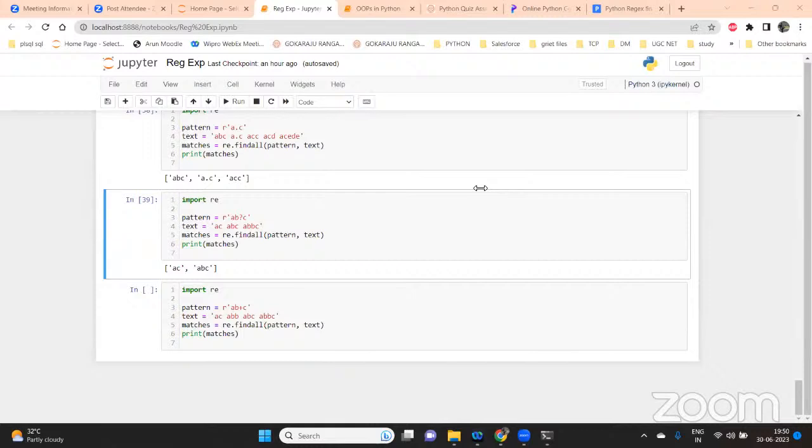Balaji, ABC, BBC. Okay. Roll number B2 is telling empty list. Sharon is telling only BBC. Harshita is telling ABC, BBC. Okay. Good guys. Shakir Ahmad, without quotes. Some people are telling with quotes, some without quotes.